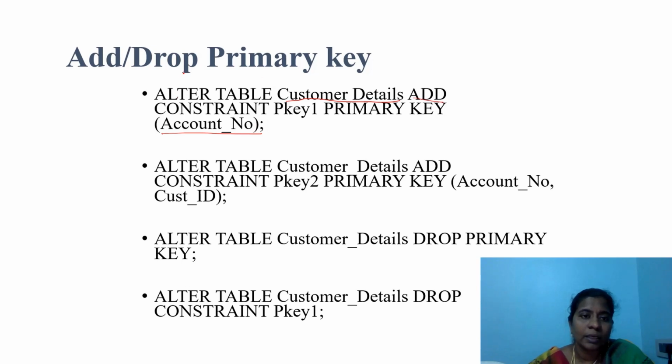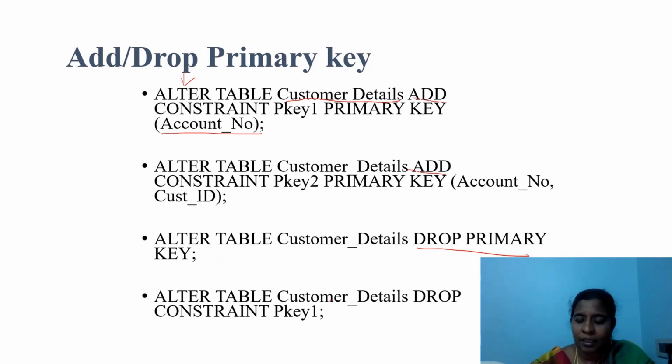So using alter command, you can add constraints. Similarly, here also we are adding this primary key constraint as a composite attribute. Similarly, if I wanted to drop a particular key, that is also possible.